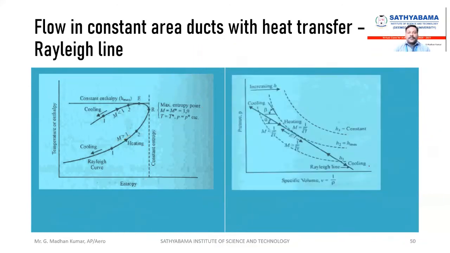Next, we are going to see the same thing, the same Rayleigh line curve, but here we are going to discuss the maximum enthalpy point E, right? Maximum enthalpy point. So in this, what we are going to discuss is the slope.